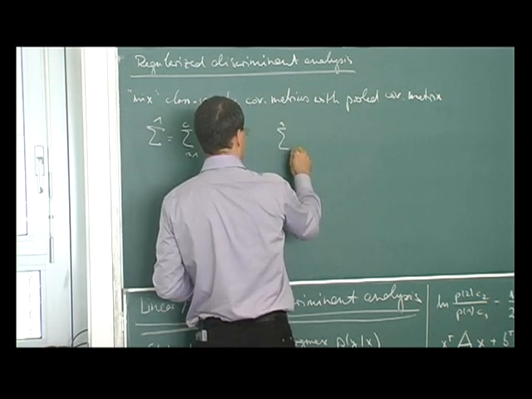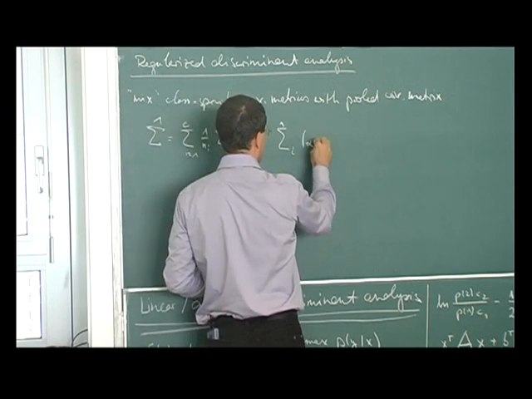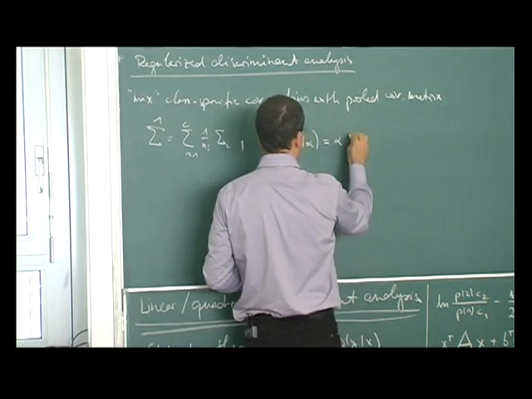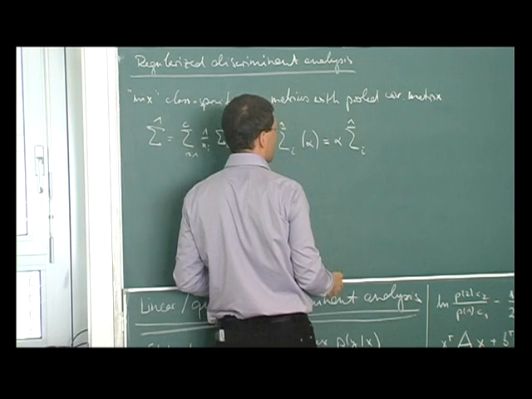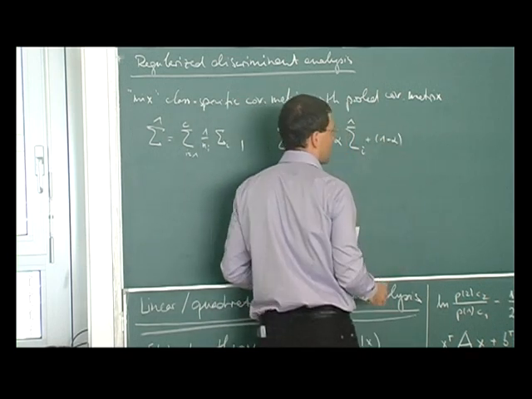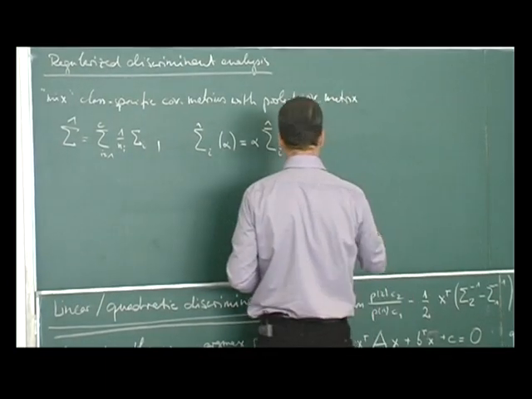We can now obtain this mixture that I mentioned by saying that this class-specific covariance matrix as a function of a parameter alpha can be obtained as a mixture of the original class-specific covariance matrix plus a modicum of the pooled covariance matrix.